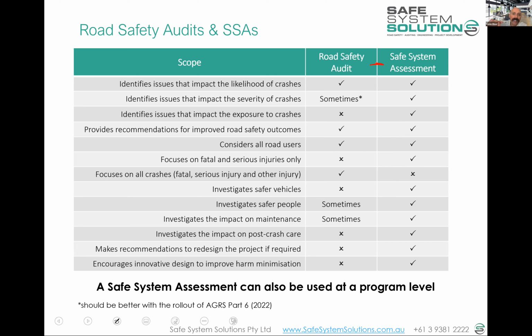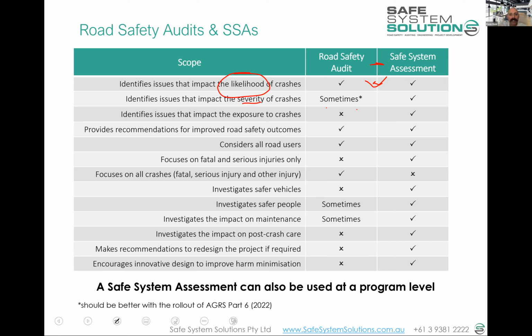So, but in general, and I really must stress this is in general, both audits and safe system assessments really analyze nicely the likelihood of crashes. Kathy, while I'm saying this, you might want to dig out that comparison sheet that we just released, and we'll show that after I'm done with this.